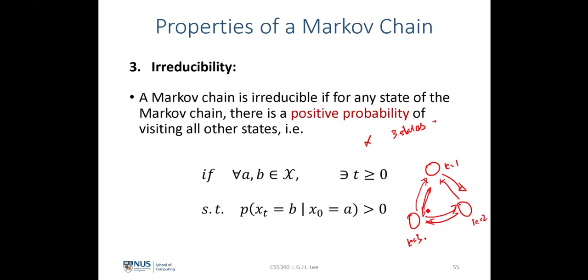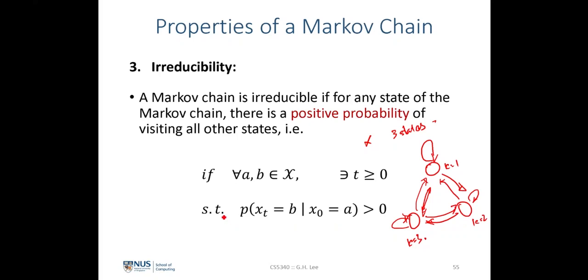Otherwise, I might get stuck in a particular state of the random variable. So if I start off with the state of x equals 3, there must be a positive probability for me to transit to k equals 1 or k equals 2.